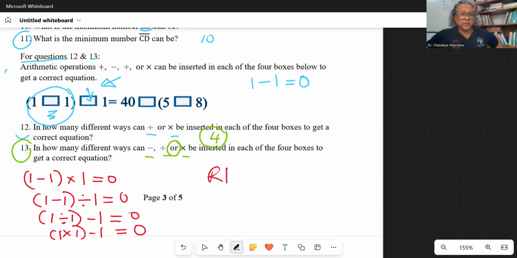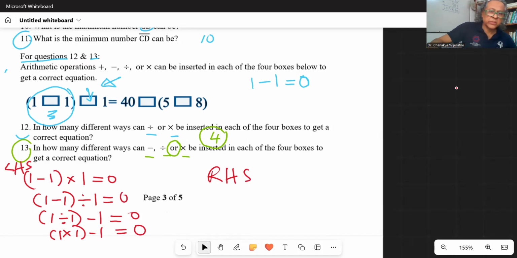So what about the right-hand side? So this is the left-hand side, right? What about the right-hand side? Can you get 0? Well, you know that with multiplication and division only, we can't get 0. So we need to use subtraction, right? So when you think about it a little bit and you scratch your head, and then suddenly you get this aha moment, the bulb goes on, right?